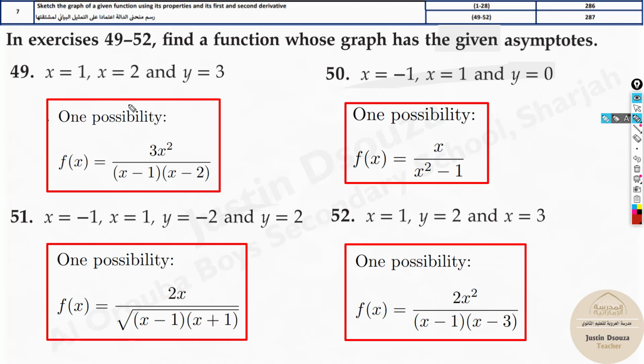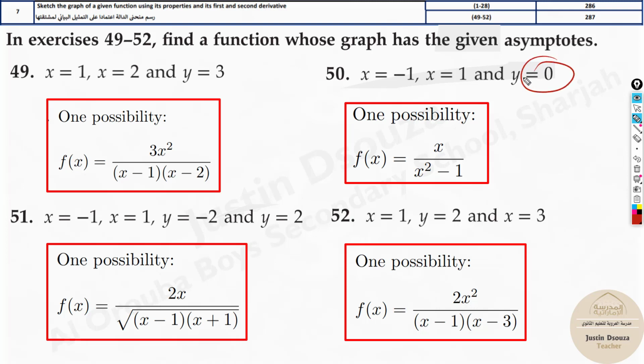Now you need to know whenever x is equal to 1, x is equal to 2, over here you can see these x values, isn't it? That means it's undefined over there. That is the vertical asymptotes, vertical lines. And this y denotes horizontal asymptotes, horizontal lines. It's very simple. If it is 0, I will start first.